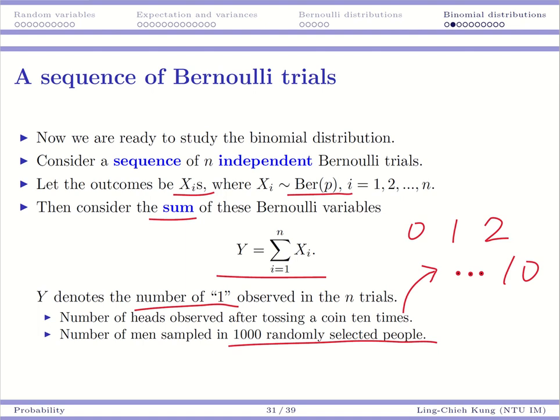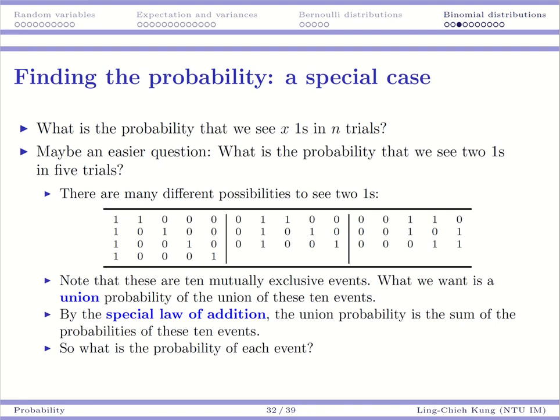As long as you are doing any kind of survey regarding any kind of proportion, whether your customer says you are good or not, whether a voter says this candidate is good or not, then that's a sequence of Bernoulli trials.